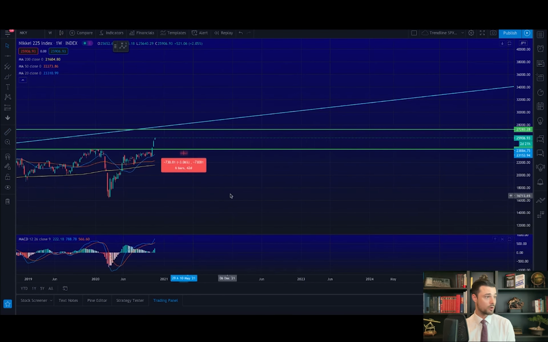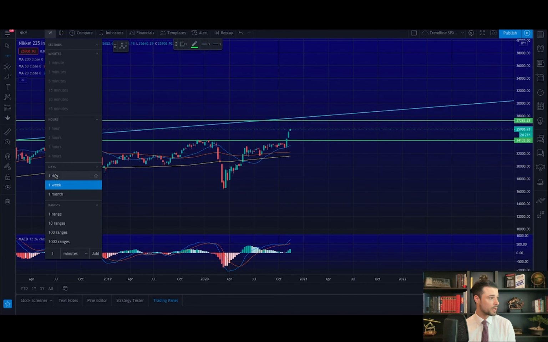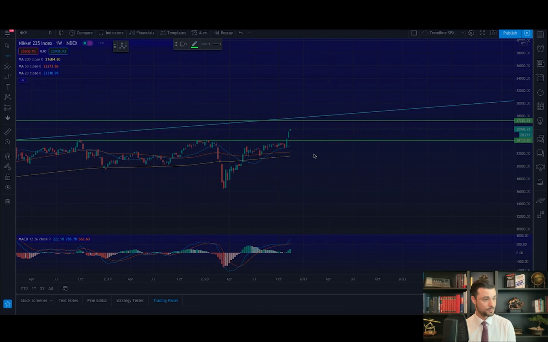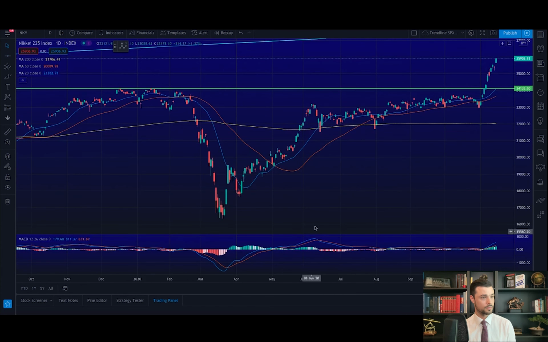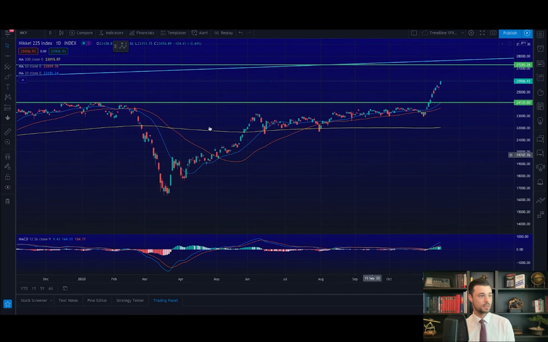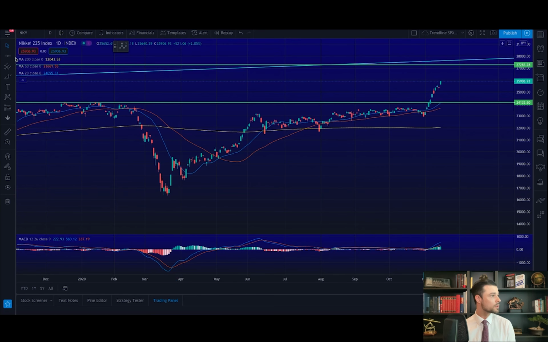So once again, where would I put my stop loss? I can use this trend line to make a stop loss just below it. I can also use a trend line. So let me go back to the daily. And I can say that, for example, if the market is going, oh, sorry, this is not what I want to do.